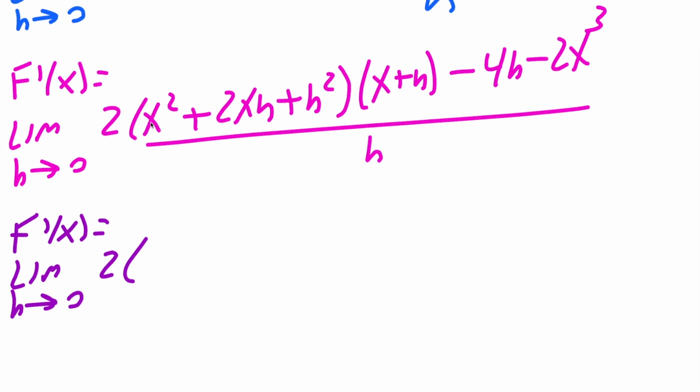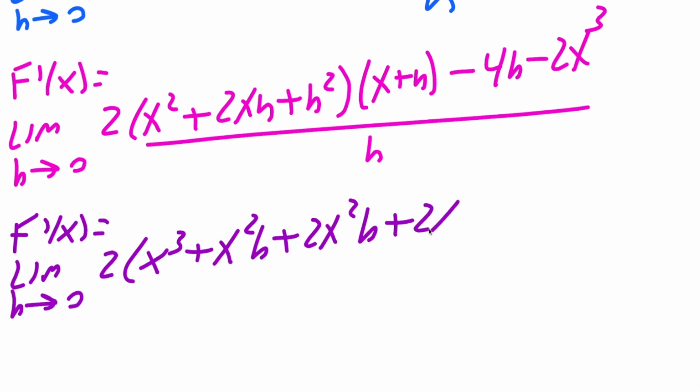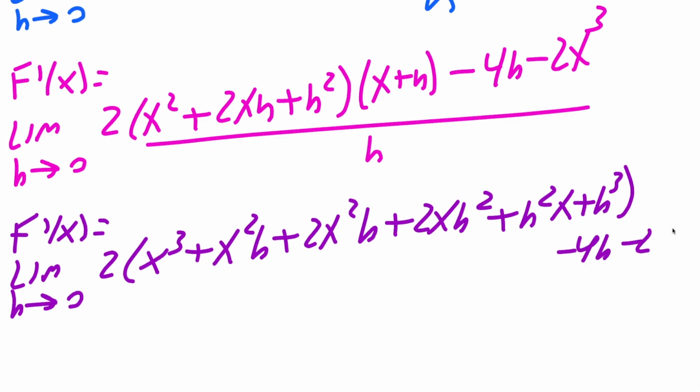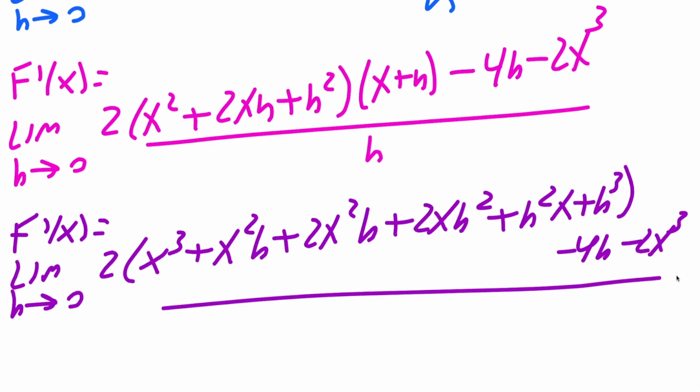So 2 times (x squared times x is x cubed. x squared times h is plus x squared h. 2xh times x would give us 2x squared h. 2xh times h would give us 2xh squared. h squared times x would give us h squared x, and h squared times h is h cubed). We still have this piece, so minus 4h minus 2x cubed, all over h.